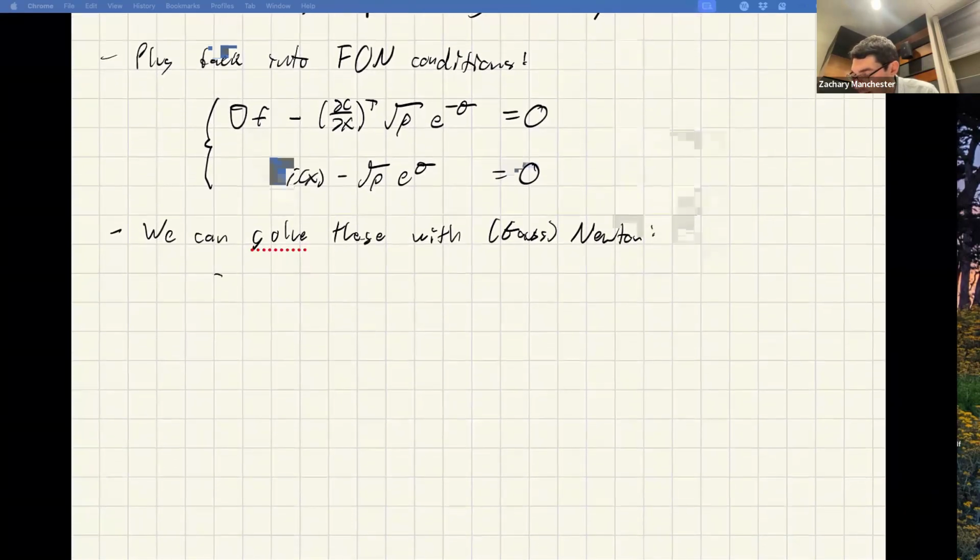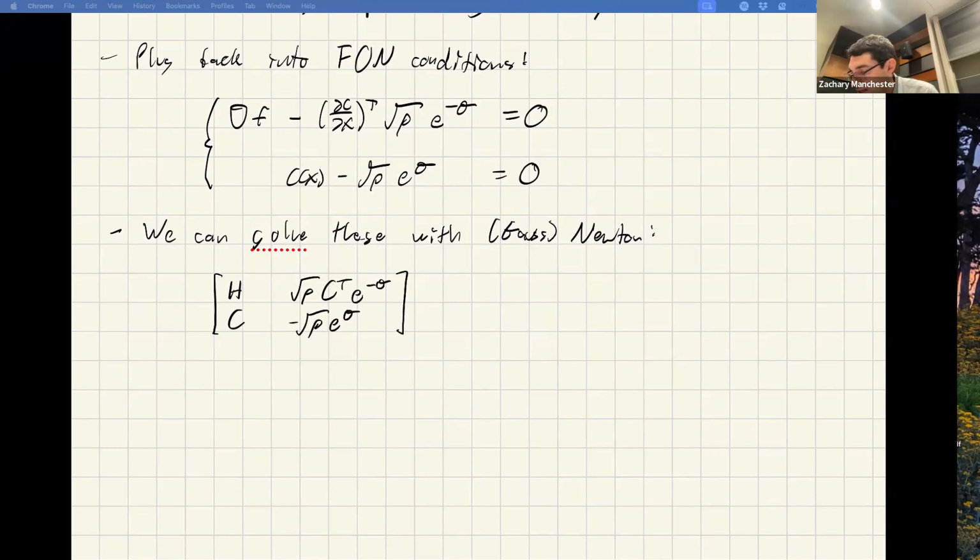And this is going to look like, again, a KKT system. So we've got some Hessian, bringing it up with square root rho C transpose e to the minus sigma over here, C minus square root rho e to the sigma, times delta x delta sigma equals minus grad f plus c transpose through rho sigma.